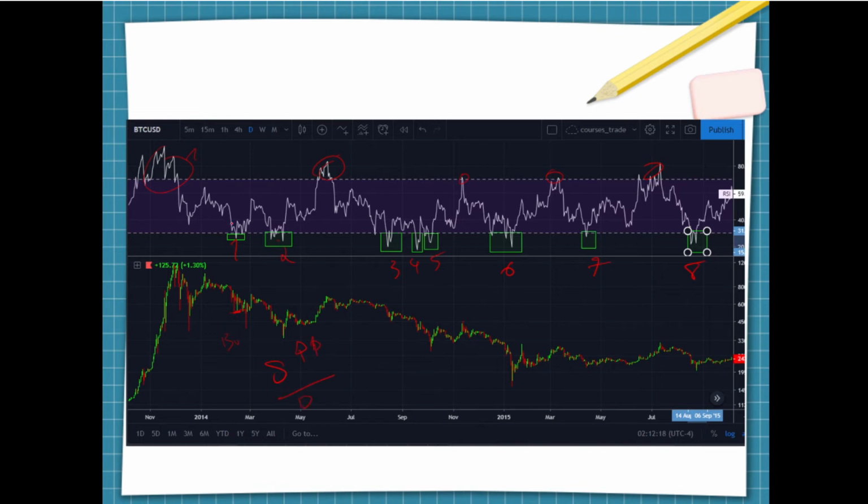But what happened is that as time passes by, there is a situation in which the demand and the supply get into a certain balance, and what you get is that RSI moves a little bit higher and the relationship stays around 50, between 40 and 60.